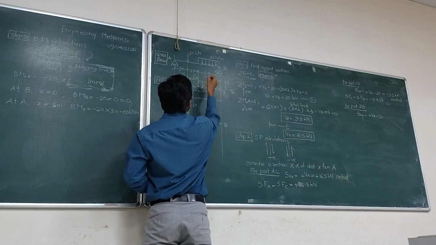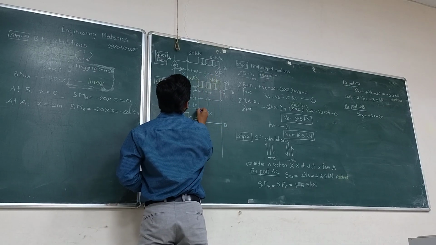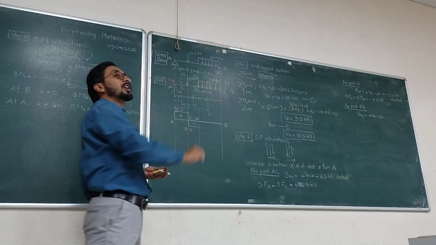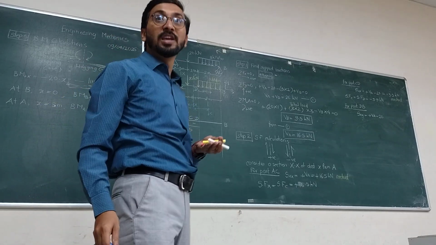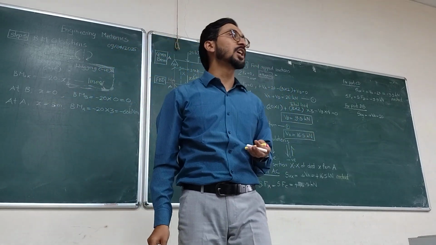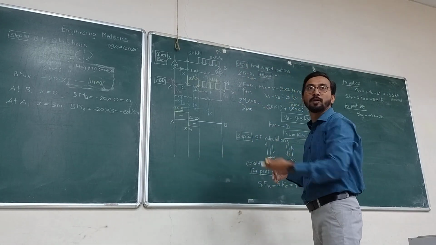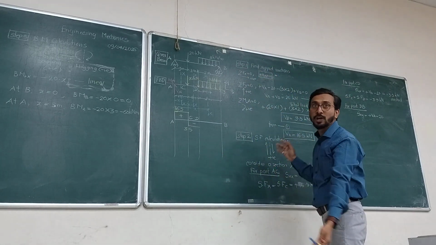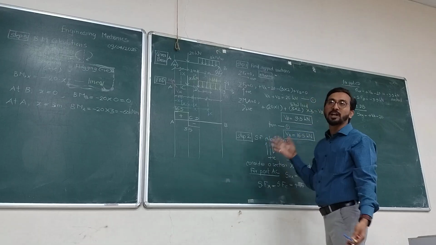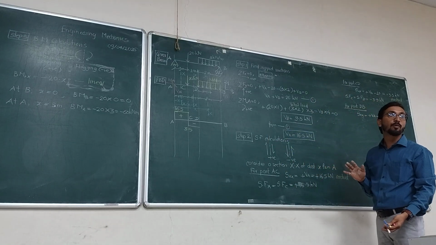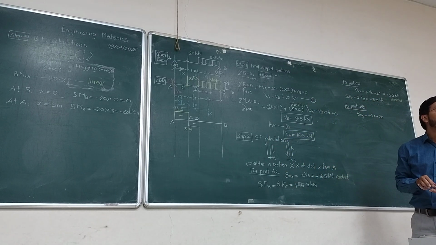And the distance. Who will tell me the shear force equation in part DB? Plus VA, correct, on the left side VA is going upward, positive. Then minus 20, which is going downward, that is minus. What about the UDL?